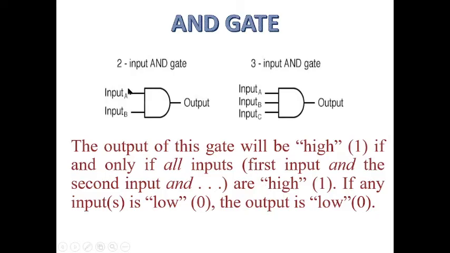So if all the inputs of this gate are at high, which means level 1, the output will be high. If any input is low, the output is low. No matter the number of inputs it has, if one of them is at level 0, the output will automatically be low.